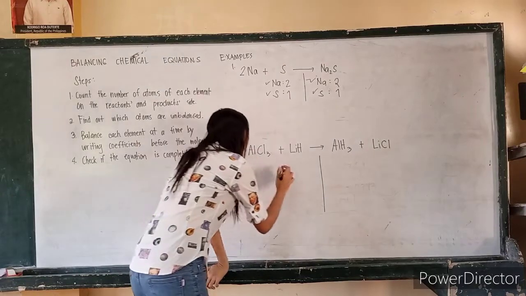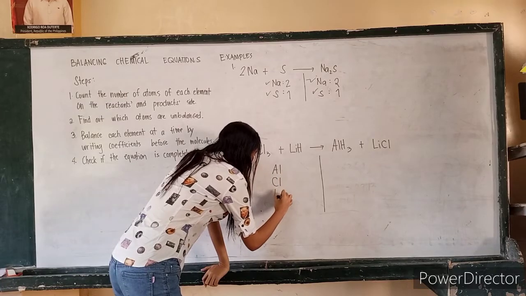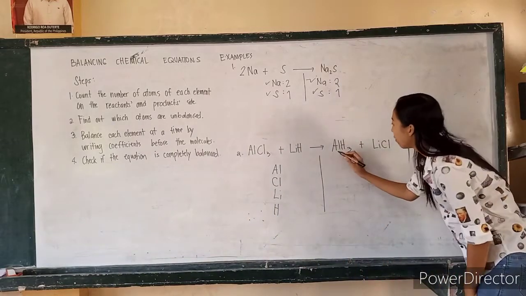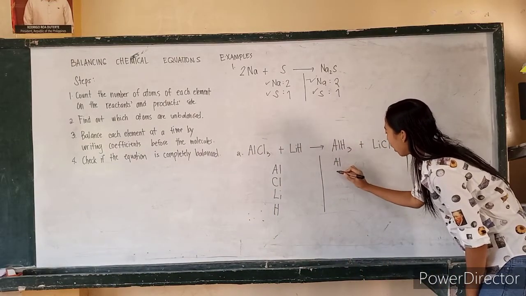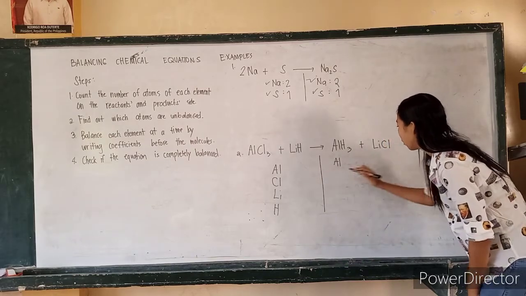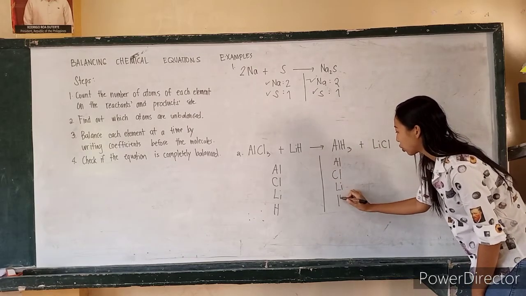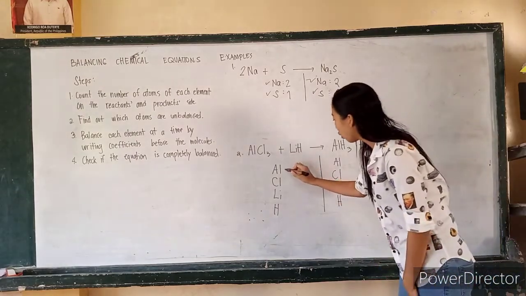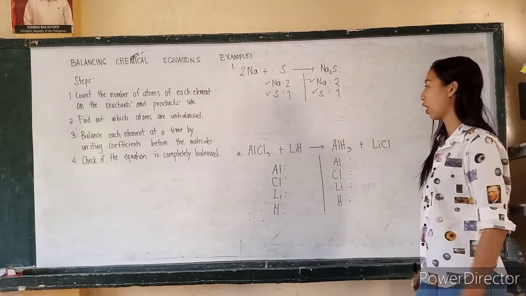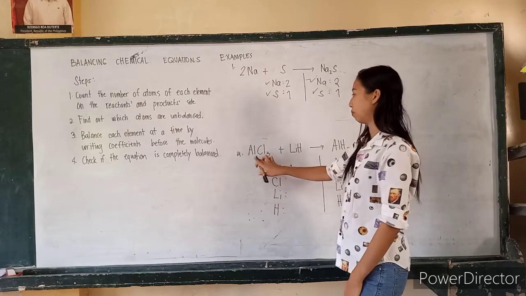Step number 1: we have Al, aluminum, Cl, lithium, Li, and H. Also, on the other side, you have Al, H, and Li. Let me organize: you have Cl, Li, and H. Now, let's count each atom of your elements. Aluminum has nothing else, so there is one aluminum.